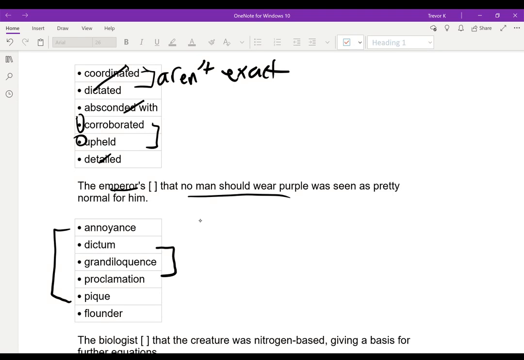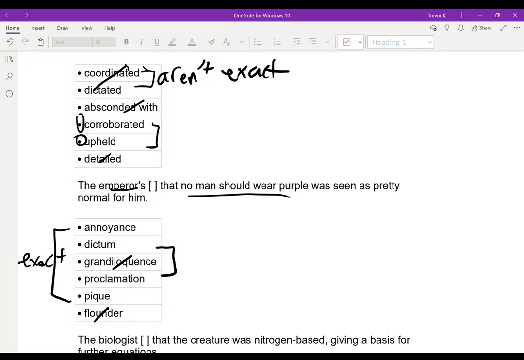Grandiloquence, which is pretty close to eloquence, doesn't really work here, and flounder definitely doesn't work. So in terms of picking between these, annoyance and pique are actually pretty perfect synonyms, but they don't really make sense here.